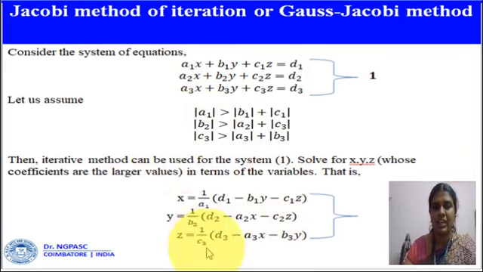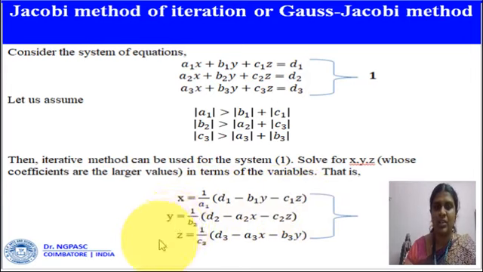After checking, in the first equation you keep only the x variable on the left hand side and take all other terms to the right hand side. So x is equal to 1 by a1 into d1 minus b1 y minus c1 z.